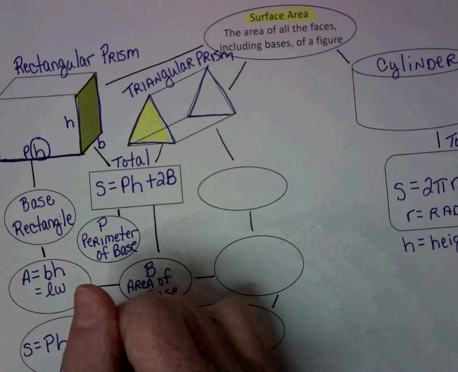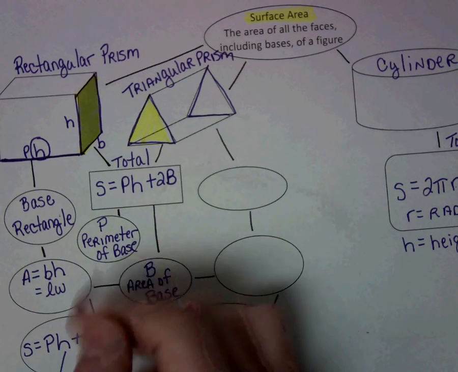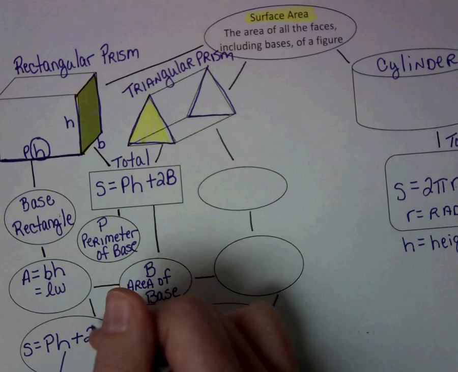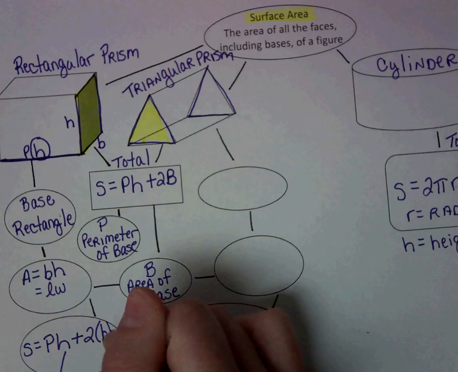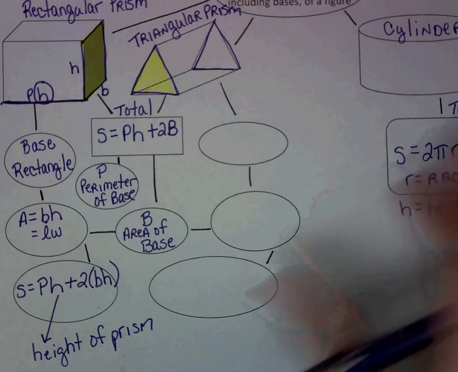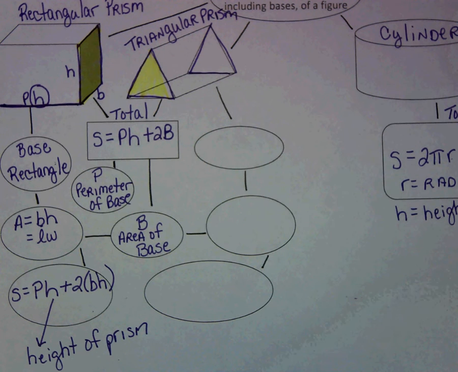And then it says plus 2 times the area of the base. So 2 times B H, 2 times length times width. So we're going to have a lot of steps involved with this. And we're just making the flow chart to help us think through it and have some good examples.